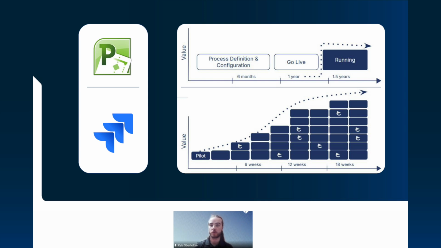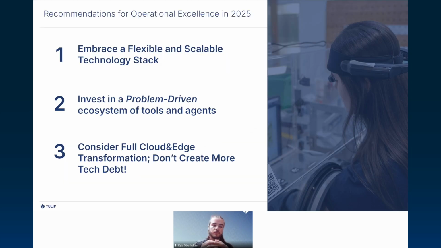We're no longer looking at a world where we have to buy single point solutions for single items. We can now say, okay, I have an issue, I buy a solution or I make a solution, I can solve the issue, and I keep going because I know that I'm building this in a composable, ecosystem-friendly way where things can start connecting and talking to each other. So when we are embracing this flexible stack, sure, we want it to be flexible.